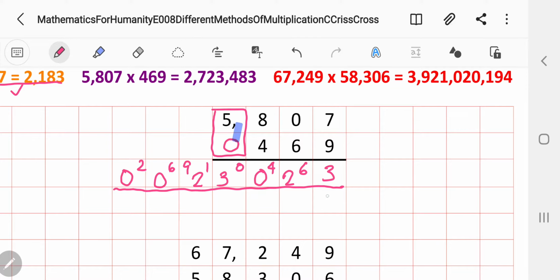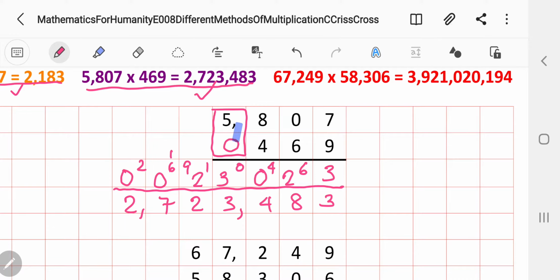So this is now 3, and 2 plus 6 would be 8, and then 0 plus 4 would be 4, and then 3 plus 0 would be 3. 9 plus 2 plus 1 would be 12. So I write 2 here and add a 1 here. 1 plus 6 would be 7. And then 2 plus 0 would be 2. So finally I have this 2,723,483, which is just this one.